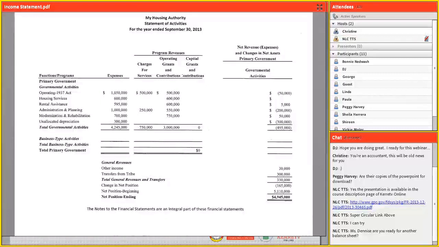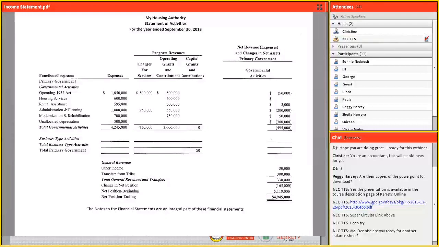We're saying that we spent $1,050,000 on operations, $37,600 on housing services, $595 on rental assistance, $1 million on admin and planning, $700 on modernization, $300,000 again on unallocated depreciation. That's our total depreciation for the year.